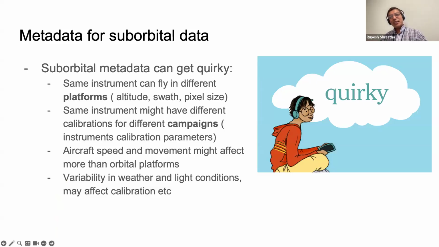So suborbital data sets can be quirky because the same instrument can fly differently on a different platform at a different altitude, which creates different swaths and grid sizes, for example. Or the same instrument may have a different set of calibrations for different campaigns, so the measurements might not be exactly the same across the campaigns as well.